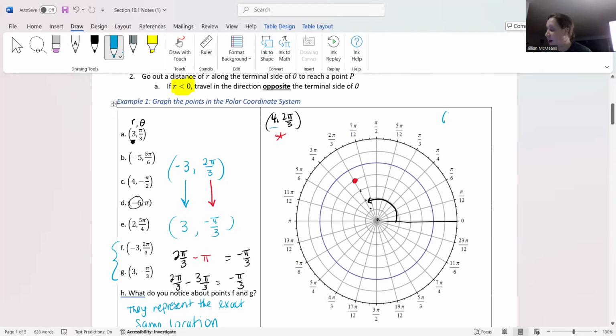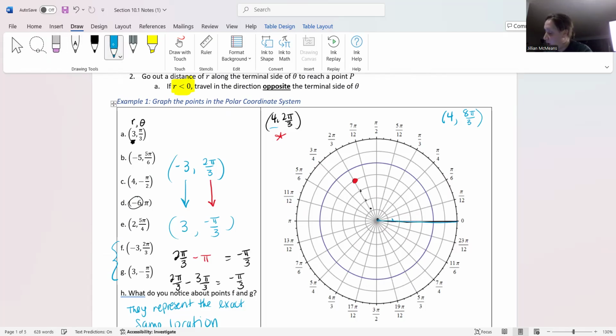We decided if we left 4 the same, but added 2 pi to our angle, that would leave 4 the same. We would add 2 whole pi radians to our angle. That gave us 8 pi over 3 radians. So let's measure, okay? We start here at our polar axis.